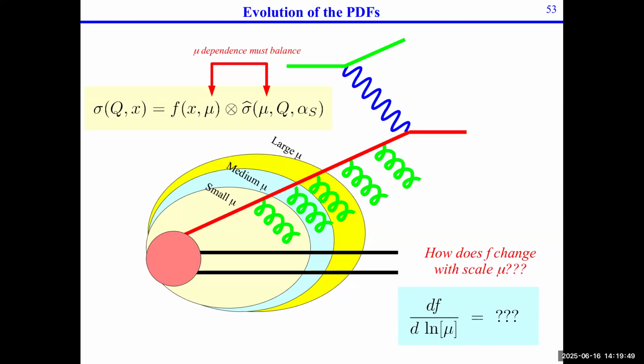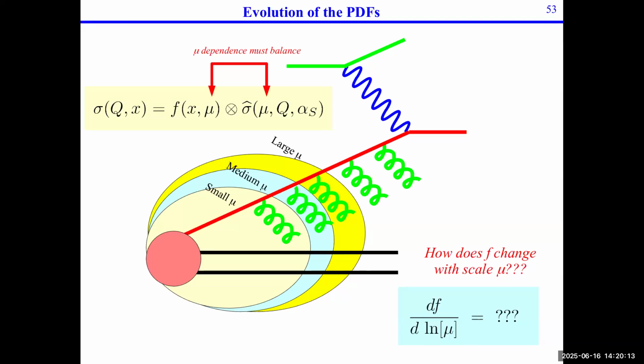And I have to draw a line between those two. Okay, and the line I draw between those two is this mu scale. And mu is an energy scale just like Q, and as Pavel said, we'll go back and forth interchangeably. But Q is the physical energy of the photon. This mu is this artificial scale that I use to divide these in two.